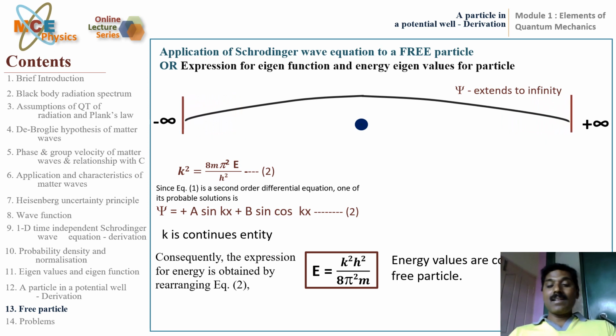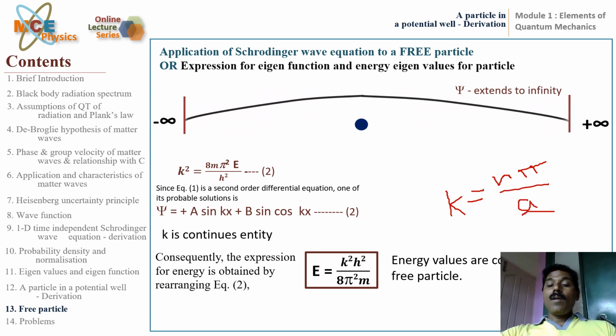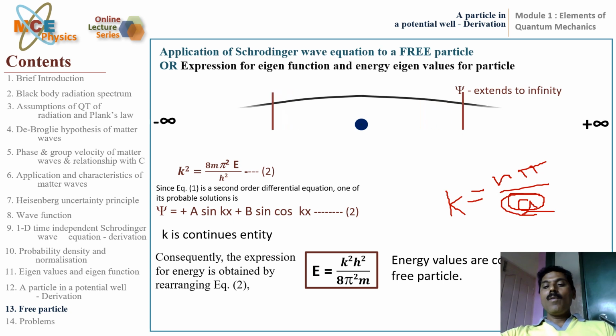In the previous calculation, the k value was found to be n pi by a. k was equal to n pi by a. That means the k value could be obtained by knowing the dimensions or the size of the potential well or size of the physical system. a was the width of the potential well in the previous calculation.